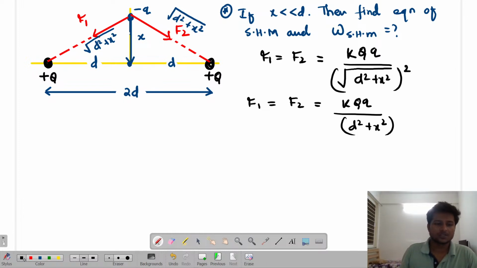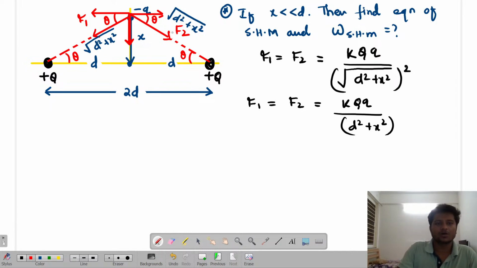Now look over here. If you just resolve these two forces, then let's suppose I call this angle theta. So this angle will also be theta, isn't it? So this will be one component of force F1 and another component towards this side. This will be one more component, and this will also be another component, isn't it? So what do you observe?